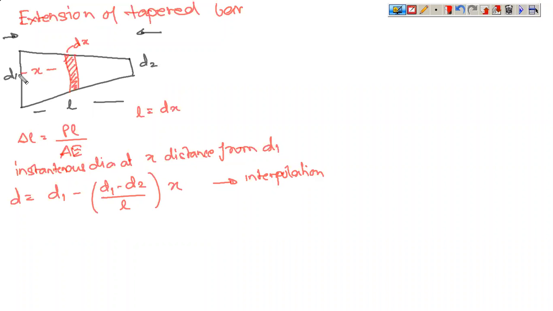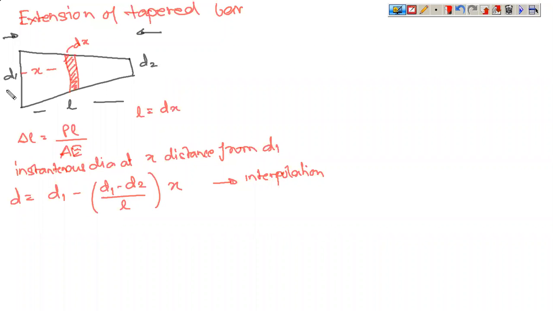When you are moving from here, with every passage of distance, the diameter is reducing by a uniform amount. So the diameter will always be less than d1, so it is d1 minus something. What is the rate of reduction?